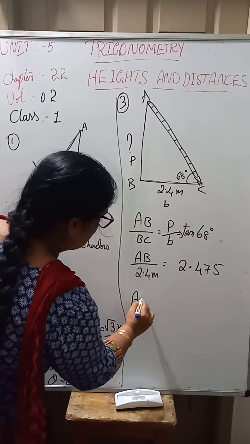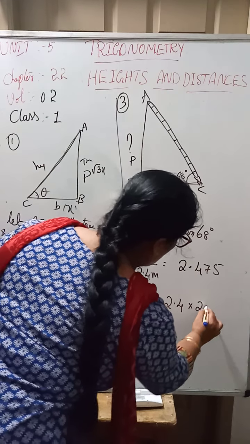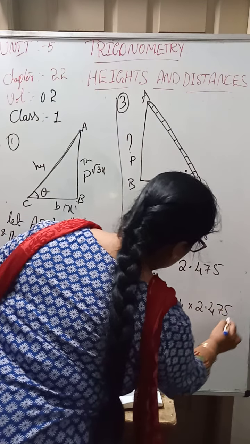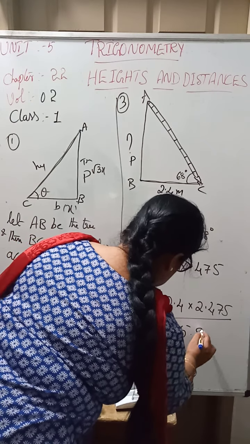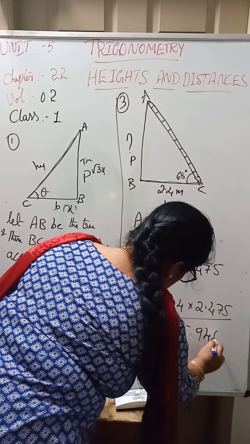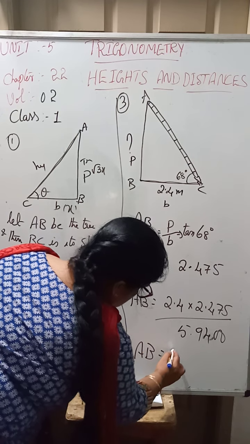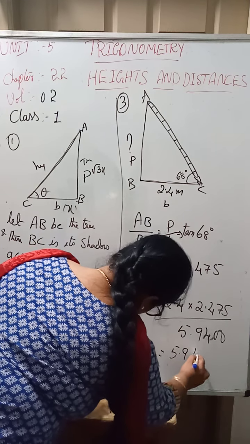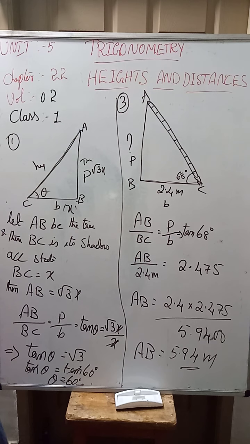Now AB, the length of the wall, is equal to 2.4 into 2.475. When you multiply, you will get 5.9400. Multiply and get the answer. So AB is equal to 5.94 meter. The length of the wall is 5.94 meter.